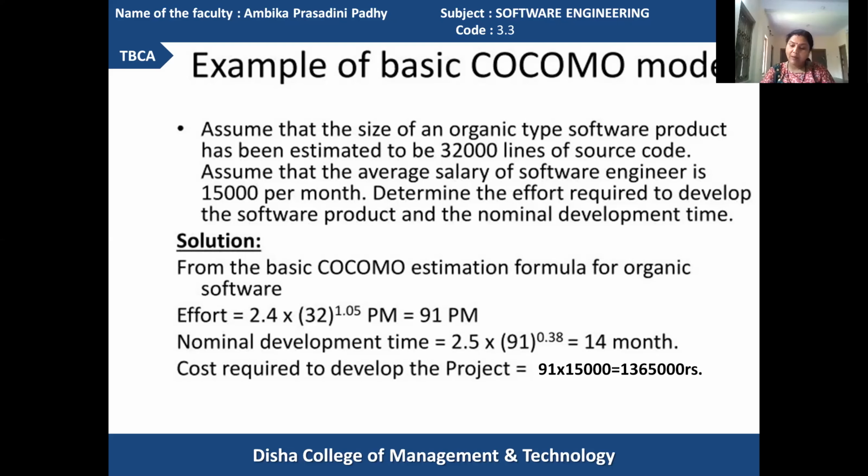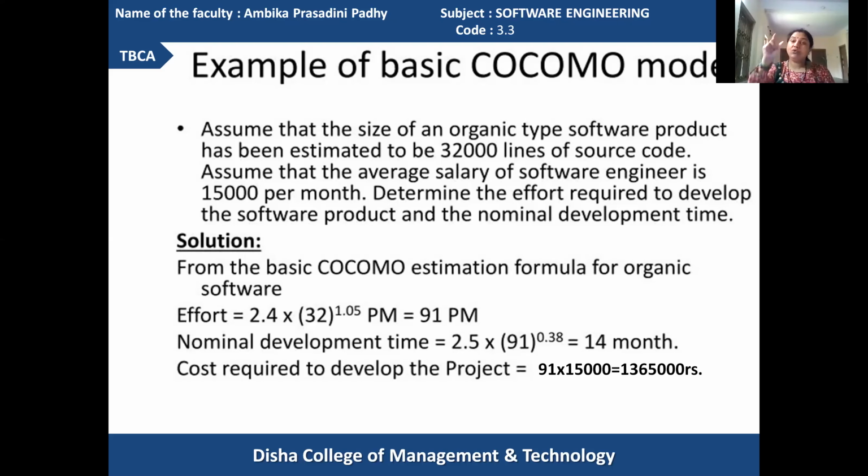Calculating 32 to the power 1.05 in the calculator gives 38.054. Multiplying 38.054 with 2.4, you get 91 point something, and rounding it up, the effort calculated is 91 person per month.